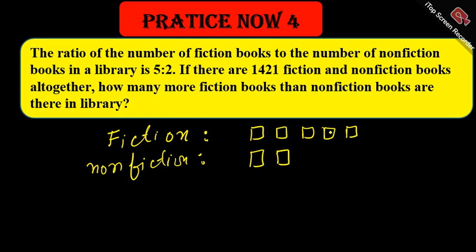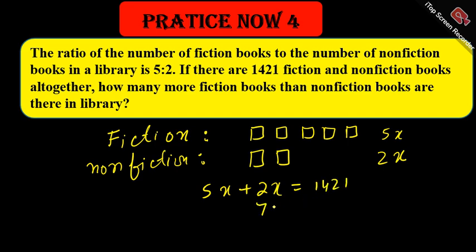So let the fiction books be 5x and the non-fiction books be 2x. Now they said there are 1421 fiction and non-fiction books all together. So if we add 5x plus 2x, we get 1421.